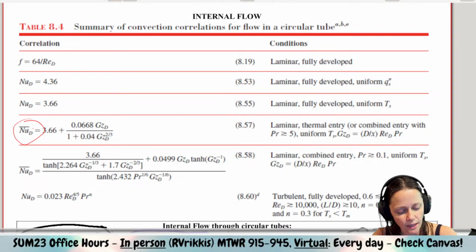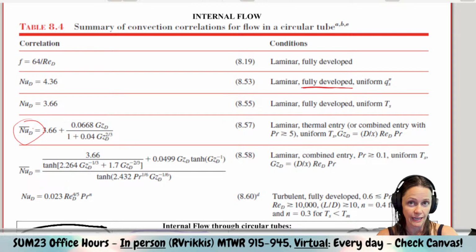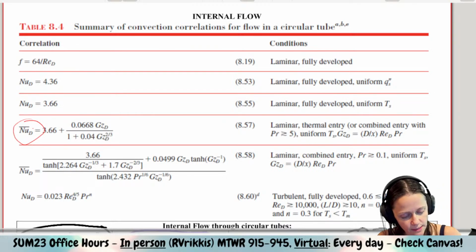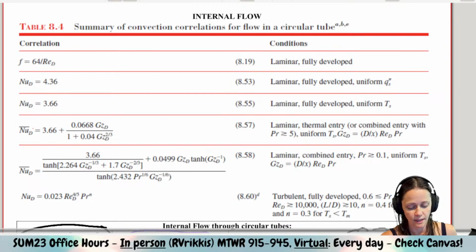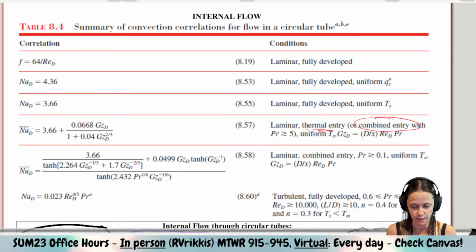The ones that say it's fully developed are saying it's fully developed both thermally and hydrodynamically. There are other ones that say thermal entry or combined entry. What they're saying there is that something is still developing, either thermally or combined. Maybe it's developed thermally but not hydrodynamically.